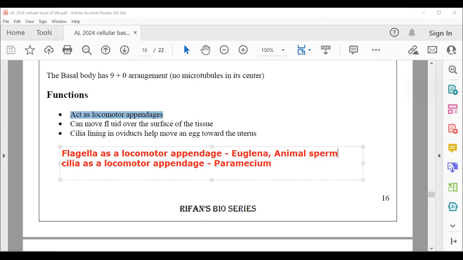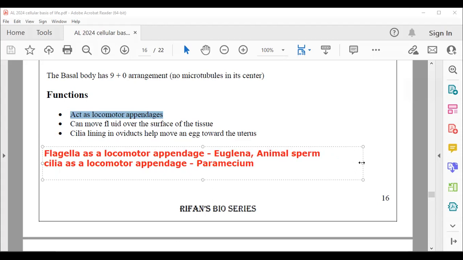Animal sperm use what? Flagella as a locomotor appendage. Further, cycas sperm. Do you know the cycas plant? Yes.